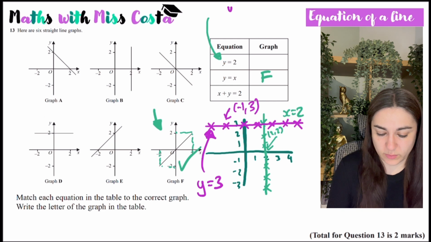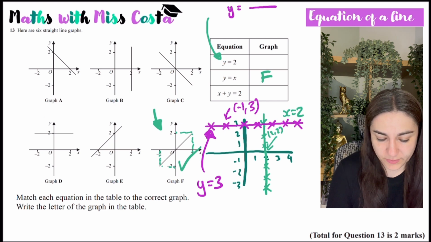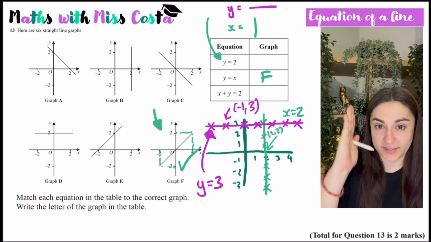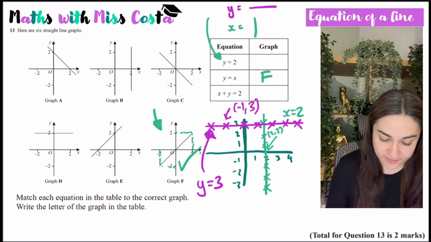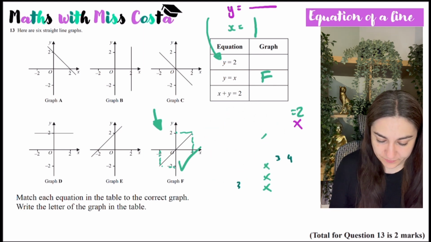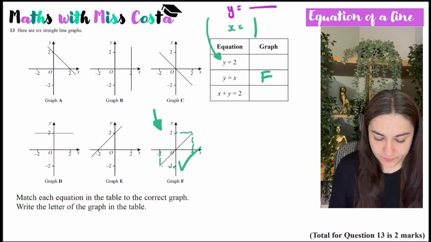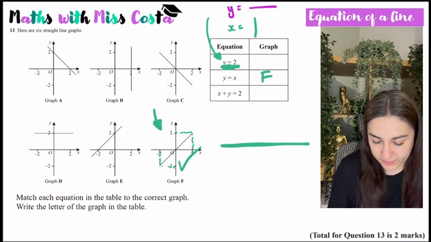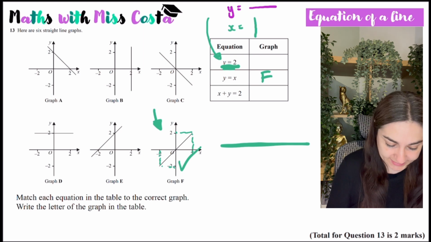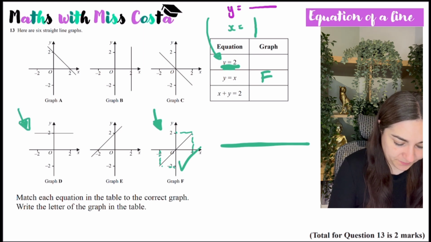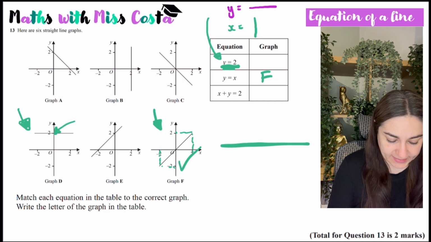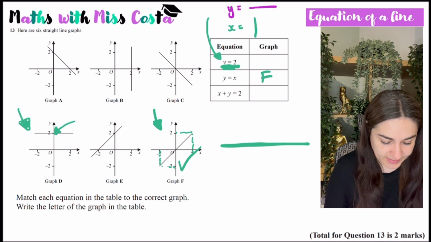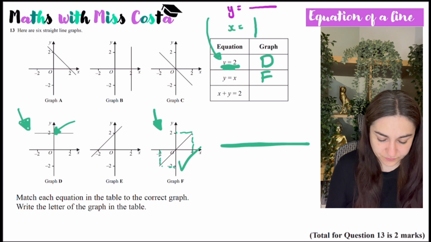So y equals lines are horizontal, x equals lines are vertical, and they literally cross the axes at whatever they say they do. So this one here is y equals 2. So I know it's going to be a horizontal line that crosses the y-axis at 2. The only horizontal line I have is this one here, and it crosses the y-axis at exactly 2. So that's going to be graph D.